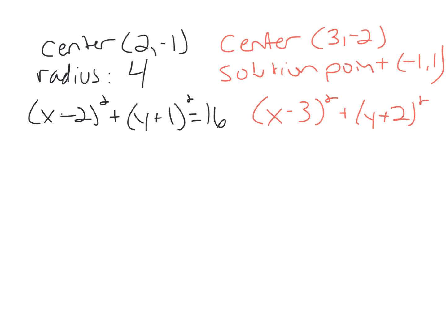Now, how are we going to find the radius? Remember what the radius means. Radius is the distance from the center to any point on your circle. So I need to know what the distance is between the center and that solution point. So what do we got to do? You got to use your distance formula. And if you forgot your distance formula, here you go.